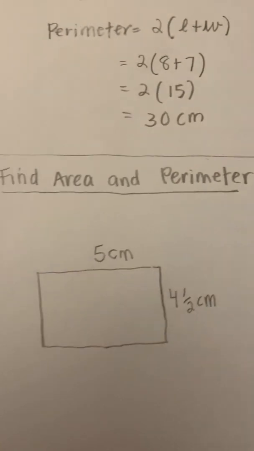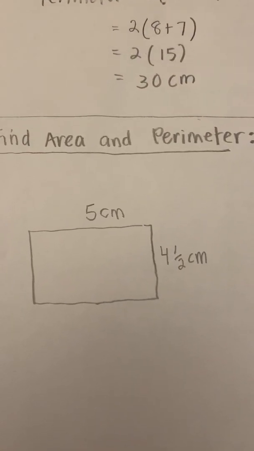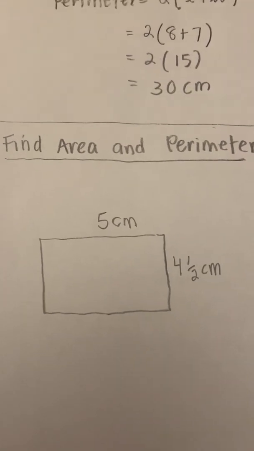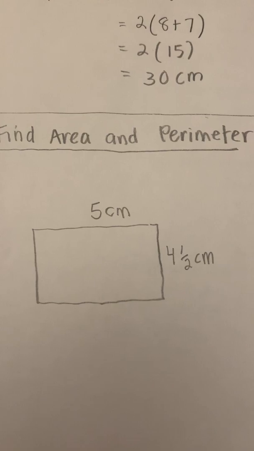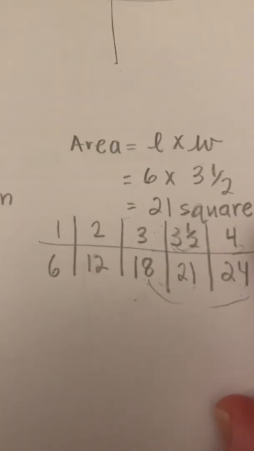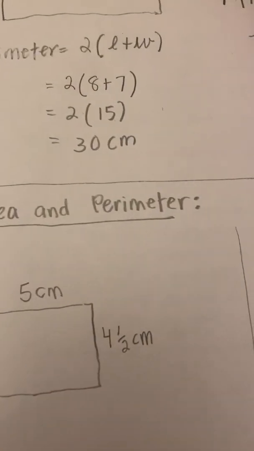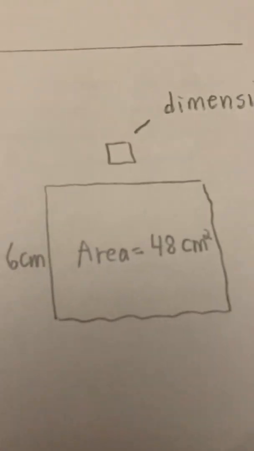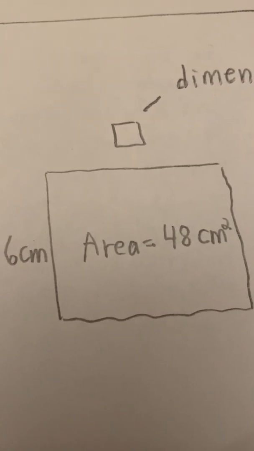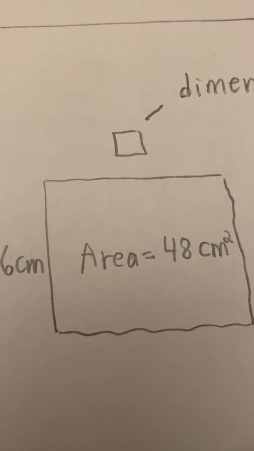Today, your job is to find the area and perimeter of 2 problems. The first one is a rectangle that measures 5 centimeters by 4.5 centimeters. So you might want to do that trick that I did where I did the halfway. And then this one, you have a rectangle that measures 6 by I don't know what, but my area is 48.